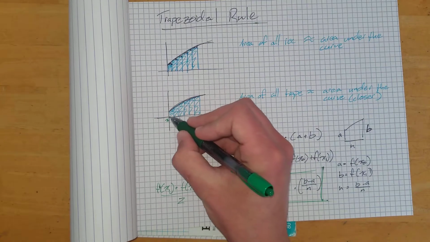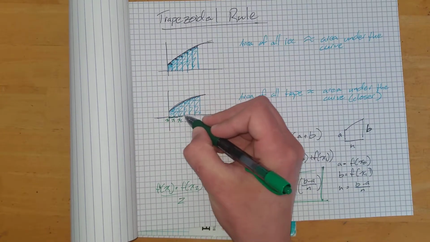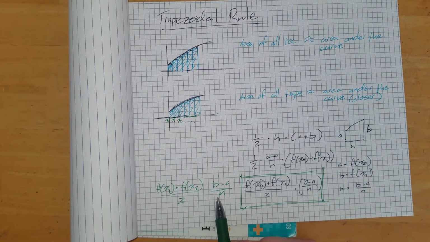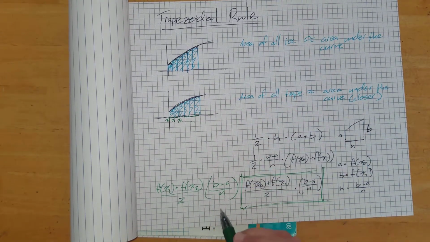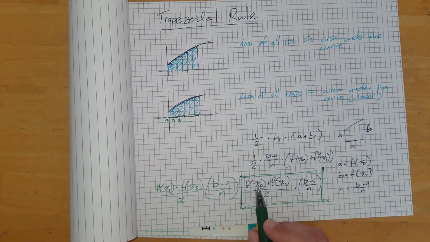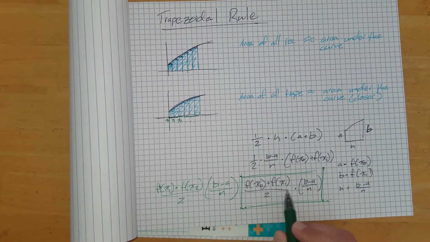Because the base down here is going to be the same for all of these, right? So this is going to stay the same for all of them. The only thing that's changing is that we're doing f of x1 and f of x2 instead of f of x naught and f of x1.